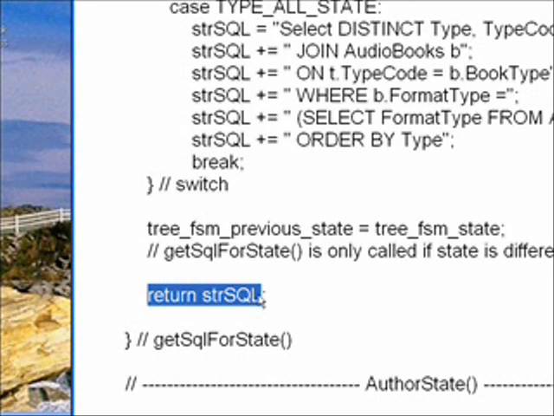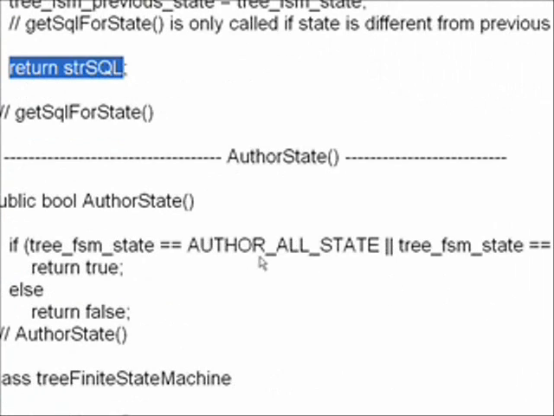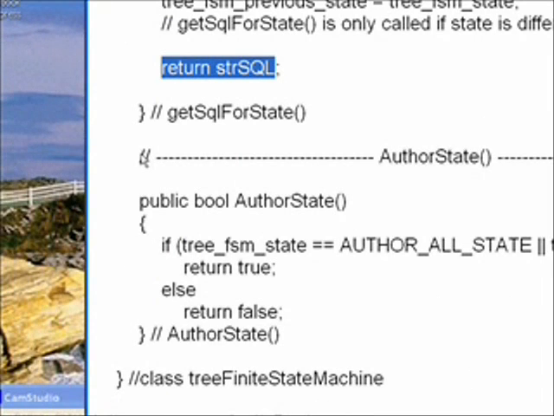And finally, the last method within the tree finite state machine class is the author state, which basically says if the current state is either author all state or the current state is author unread state, the two possible author states, return true, meaning this is an author state.